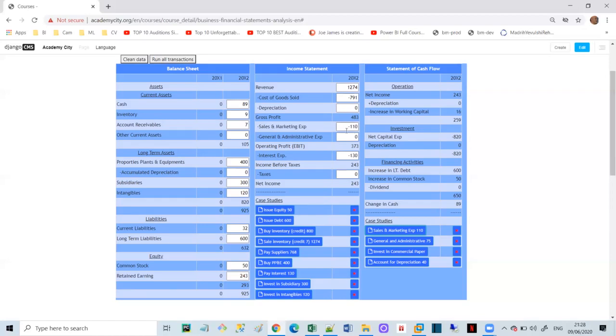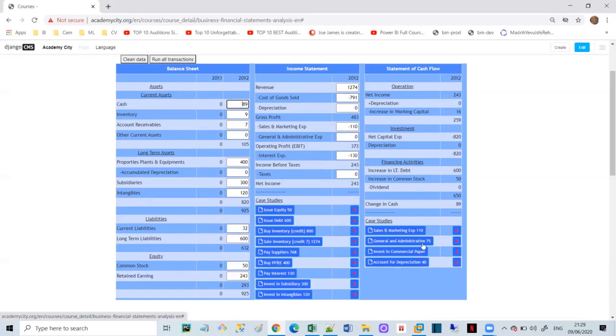So expenses are reducing my gross profit. One is spending on marketing. Before, we saw we had to pay the bank interest. Those two reduce my gross profit, so the net profit would be lower. And what would go to the equity would be lower by 110 here, which reduced the cash.